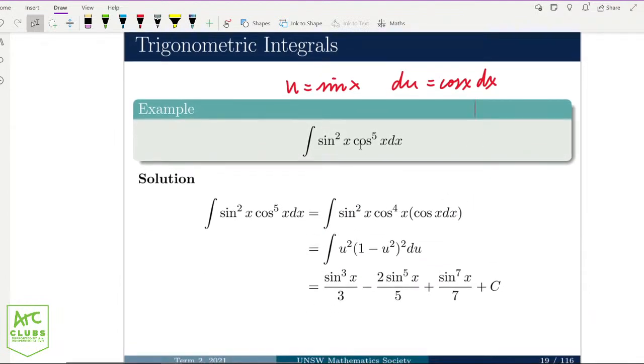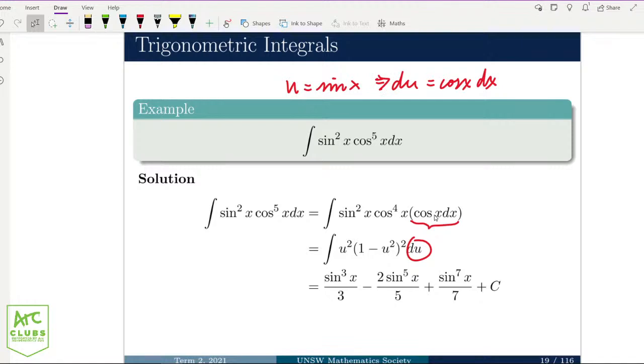So as you can see, we've taken out a power of cos x so that we can rewrite this cos x dx into du. And then we are applying the substitution u is equal to sine x.